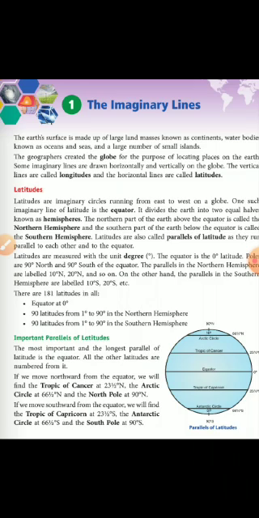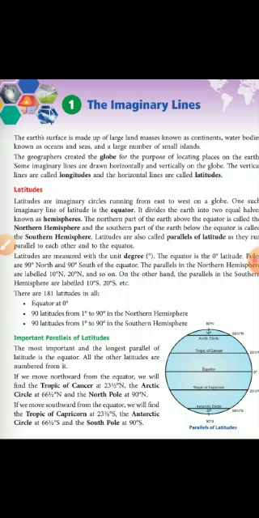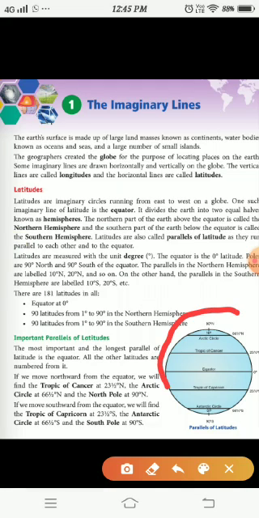It divides the earth into two equal halves, which are known as hemispheres. Here in this picture you can see it. Here in the center is the equator and it divides the earth into two equal parts.